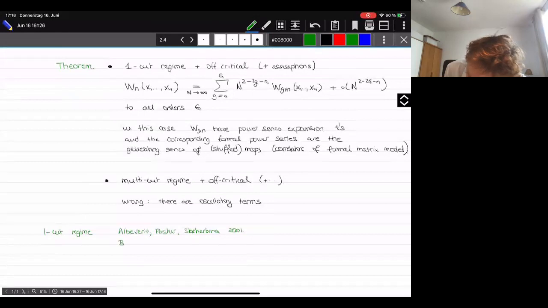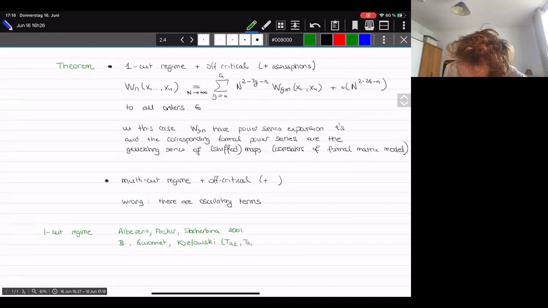And then it was systematized and generalized in a series of works with Guionnet, also with Kozlowski. So with Kozlowski, that's the one including T02 and actually also all the THK, which I didn't talk about here. And here we can also do the multi-cut regime, so one can be much more precise.